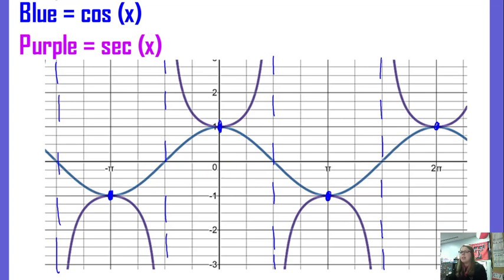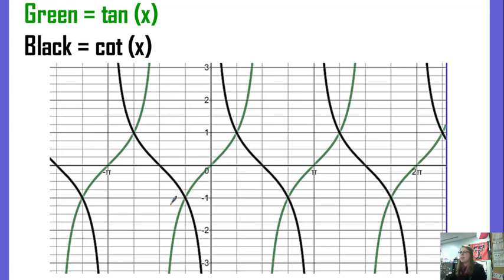Then when we look down at our tangent versus cotangent, it looks a little bit crazy here because tangent also had some asymptotes.